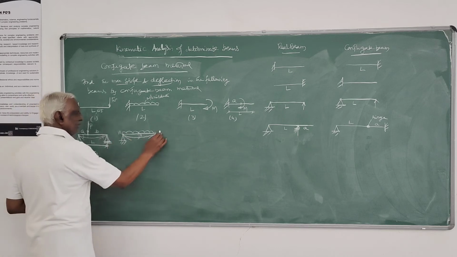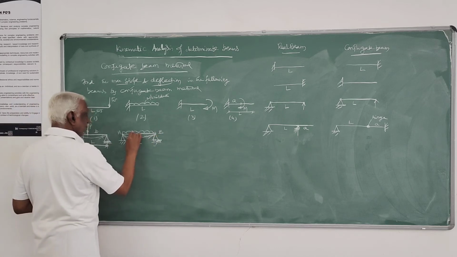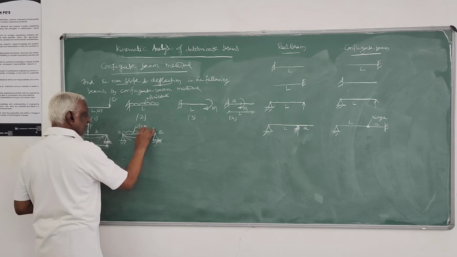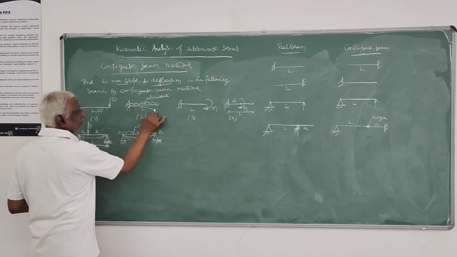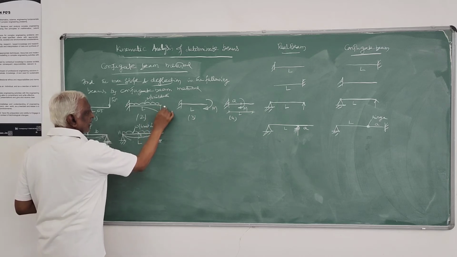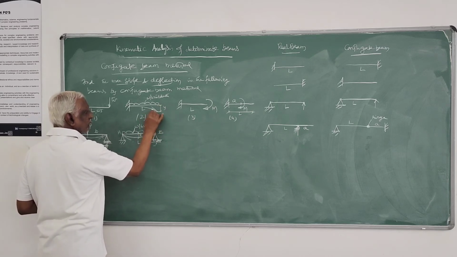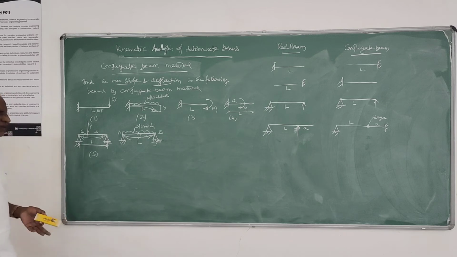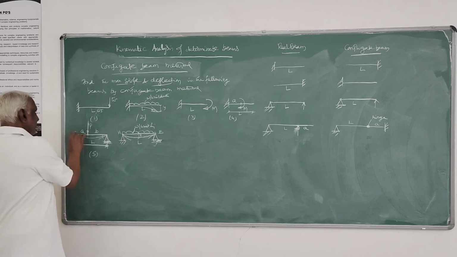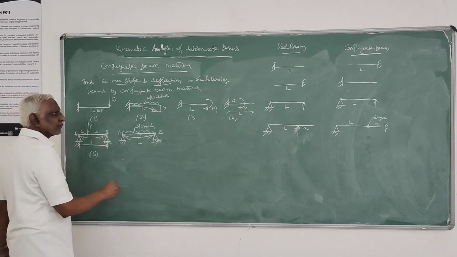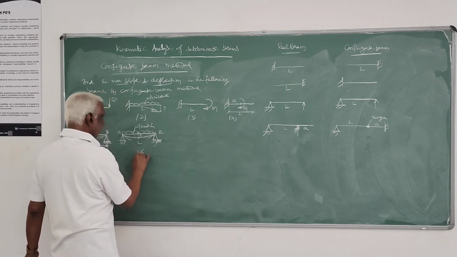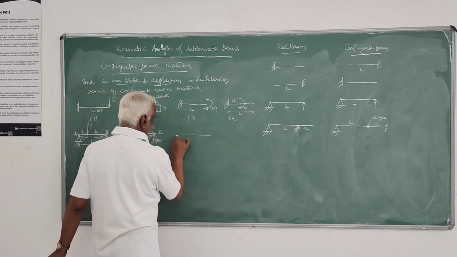Here, a, b, L, you are going to get the maximum slope and deflection. Again, for all these you can evaluate those points. So this is the 6th problem, then the 7th problem.